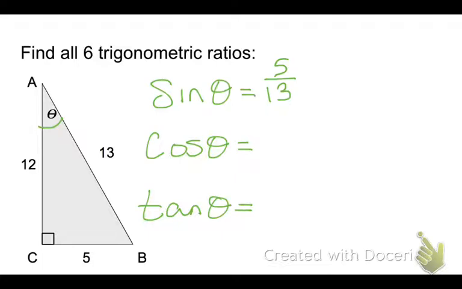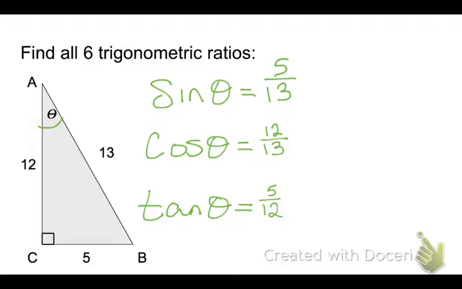Cosine would be the adjacent over hypotenuse. So cosine is 12 over 13. 12 is the adjacent side. 13 is still the hypotenuse. And then tangent is opposite over adjacent. So 5 over 12. Now those are the first 3.